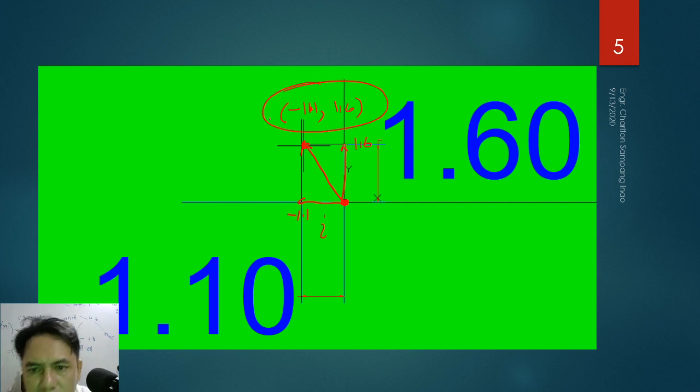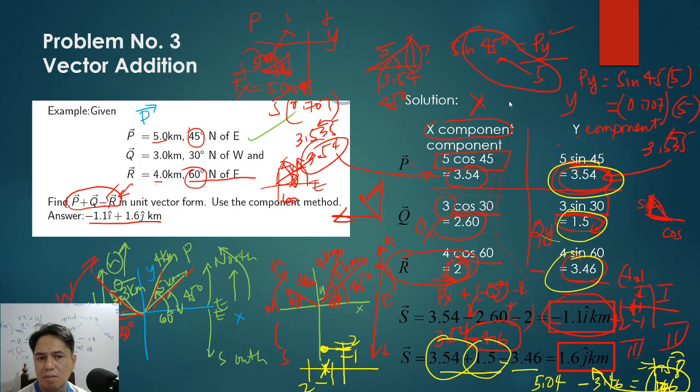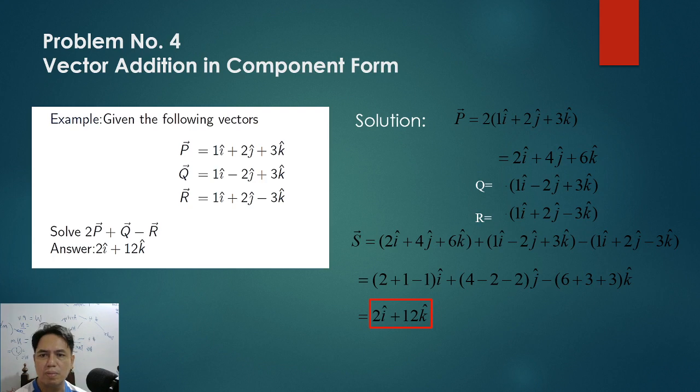So that's the summation. This vector here is the summation. So that is the solution for that. That is problem number 3. We go now to problem number 4.